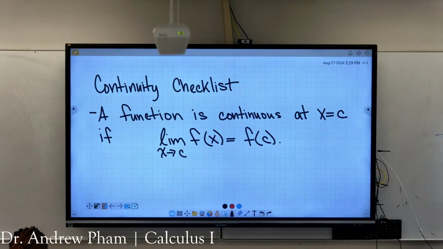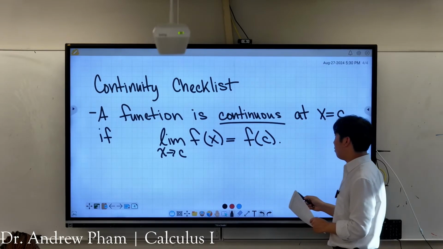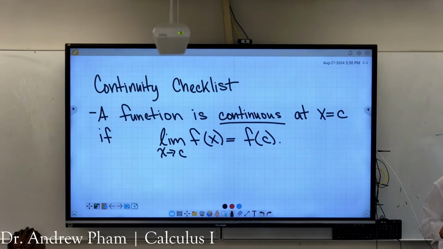Someone actually brought this up in this class, something about we can plug it in because it's continuous. It's directly related to what I have here. So that's my definition for continuous. If I ever ask, am I continuous at a point?